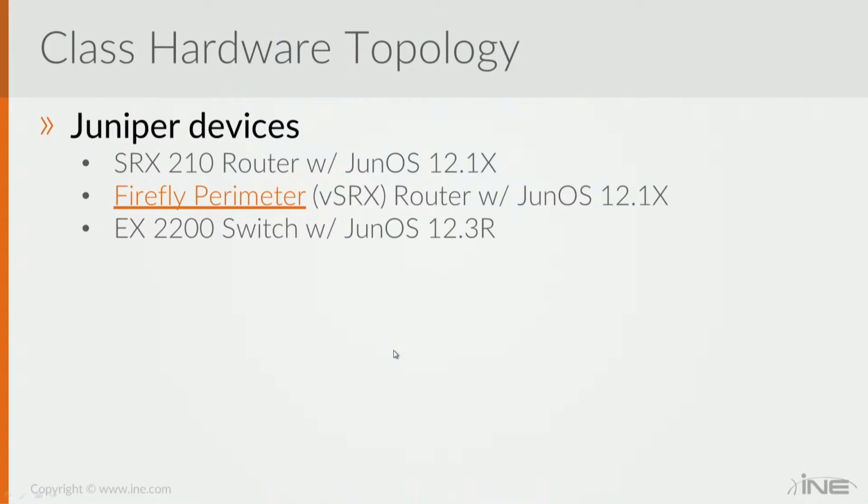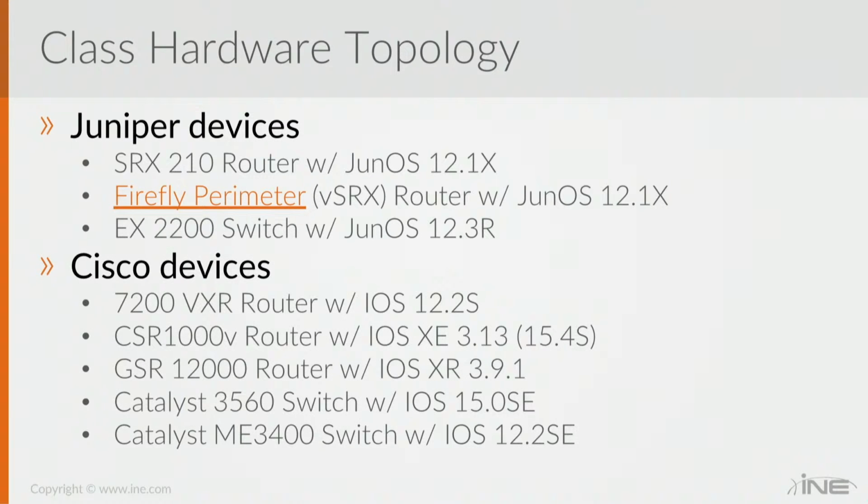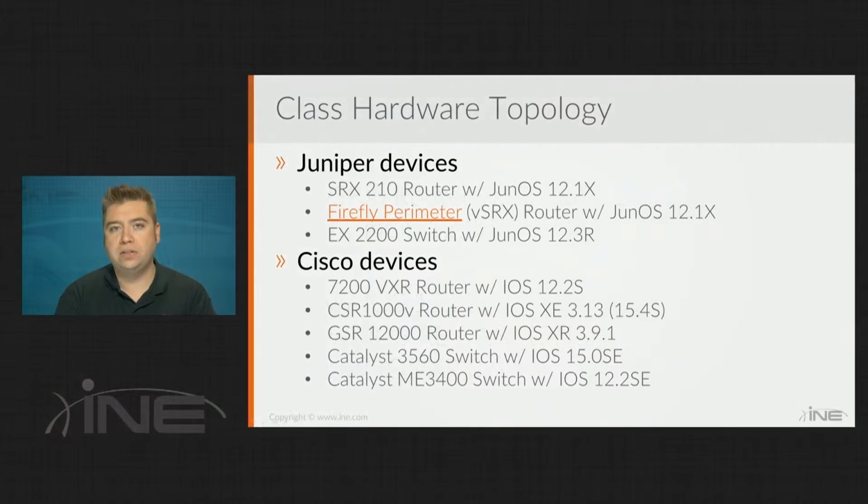From a Layer 2 switch point of view, we're going to be using the EX2200s, which are basically the equivalent of the access layer switches like Catalyst 2950, Catalyst 3560 in terms of iOS. And then specifically for the iOS boxes, we're going to have a different mix of routers that are running regular iOS, where we have the 7200 VXRs, which is the traditional enterprise edge router for Cisco.